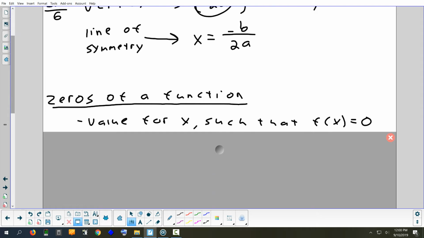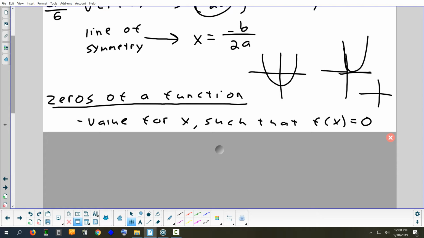Now, if you think about a quadratic, in general, it could look something like this in terms of how many times it crosses the axis. Maybe like this. Or like that. So quadratics can cross 0, 1, or 2 times.